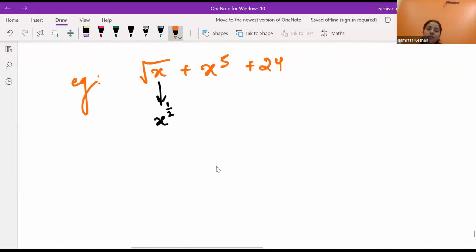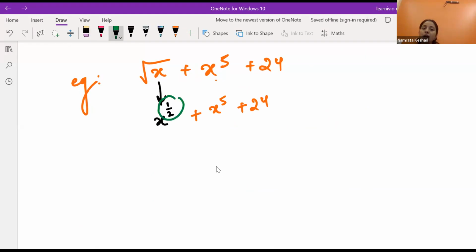Then x to the power 5 we will write as it is, plus 24, and now we will be analyzing both rules. The first rule says that one and only one variable has to be there. We can clearly see one variable. The next rule says to check the power of each and every variable, whether those are whole numbers or not.